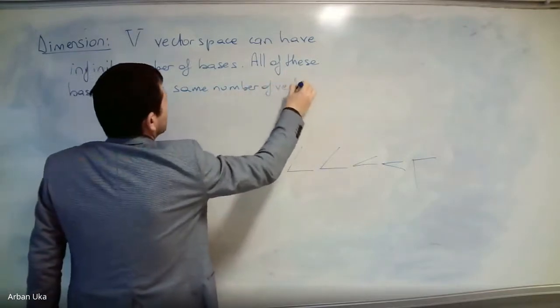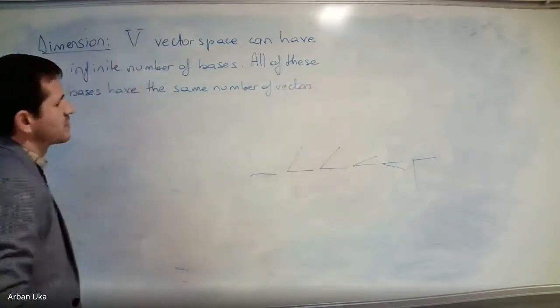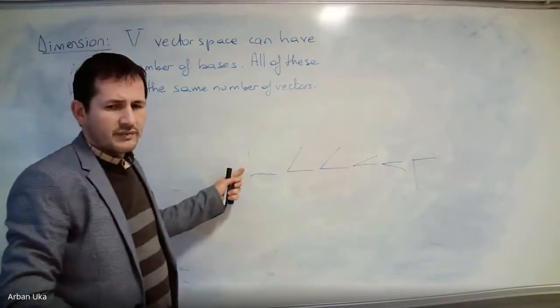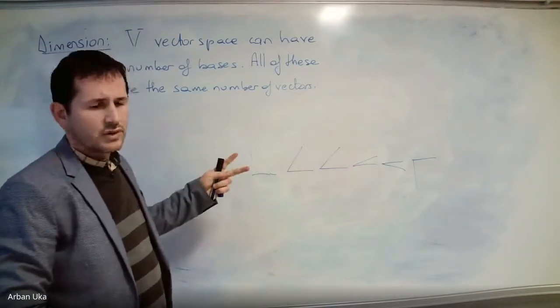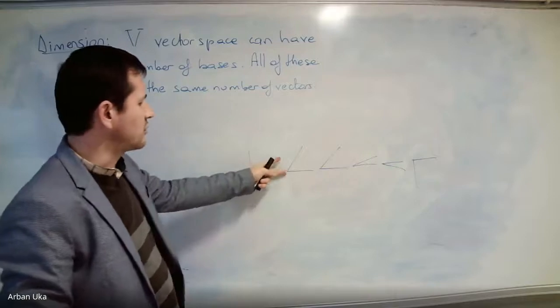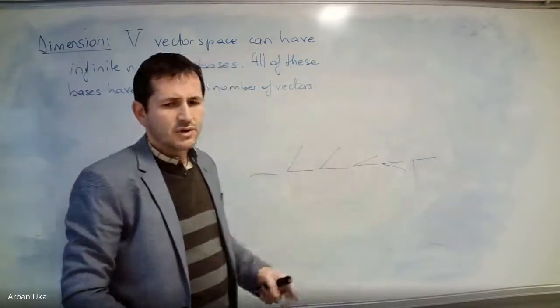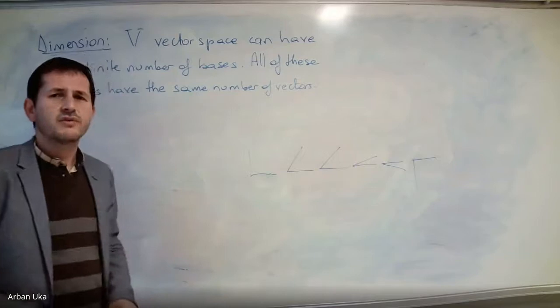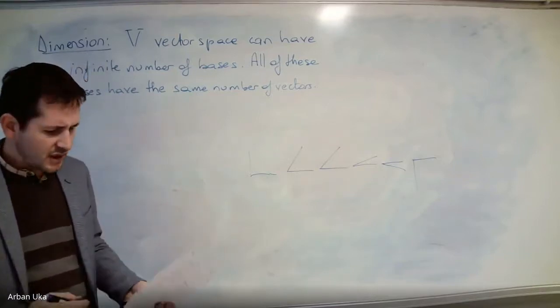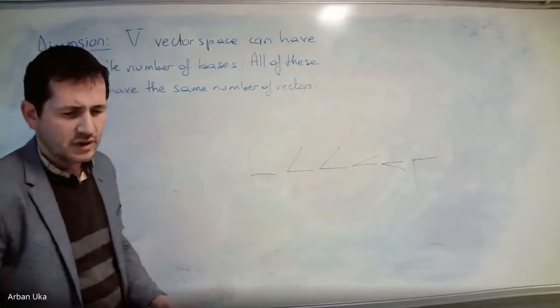Okay? So what we mean with this is that if this is R squared, we should have only 2 vectors. We cannot have 3 vectors. Because the basis is composed of the minimum possible number of vectors that can describe every point.